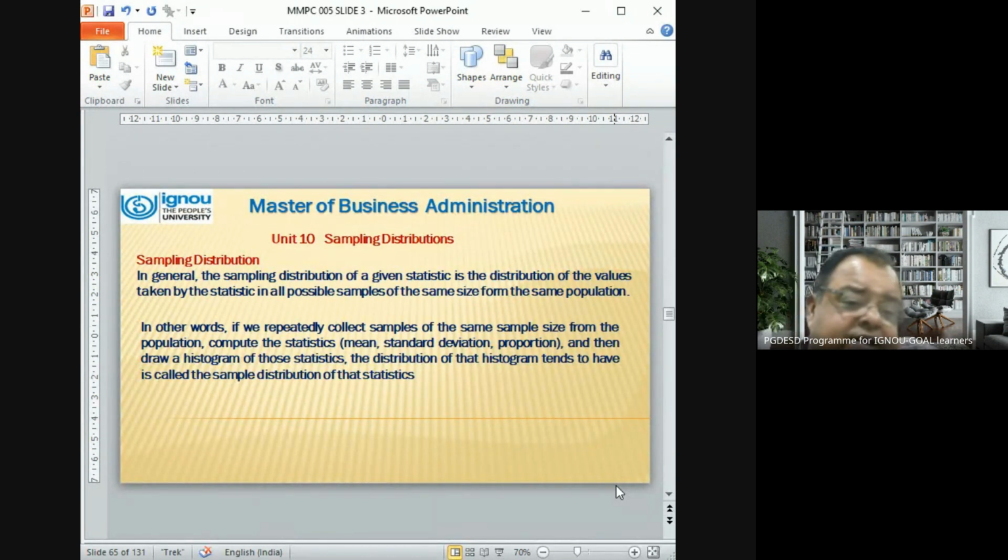In other words, if we repeatedly collect samples of the same size from the population, compute the statistic, that is mean, standard deviation, proportion, and then draw a histogram of those statistics, the distribution of that histogram is called the sampling distribution of the statistic.